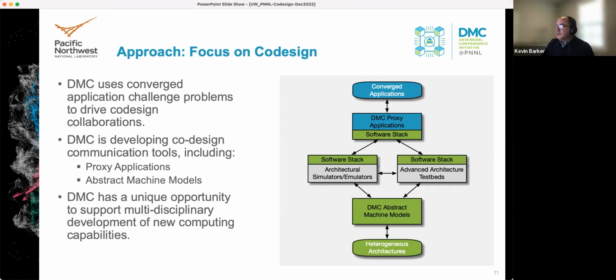In this figure, we simplify the process a little bit. From converged applications, we have tools that we call proxy applications or proxy workflows. This differs a little bit from the usage of the word proxy in the ECP community, the Exascale Computing Project community, where a proxy might be a kernel that captures a large fraction of the computation time of an application.